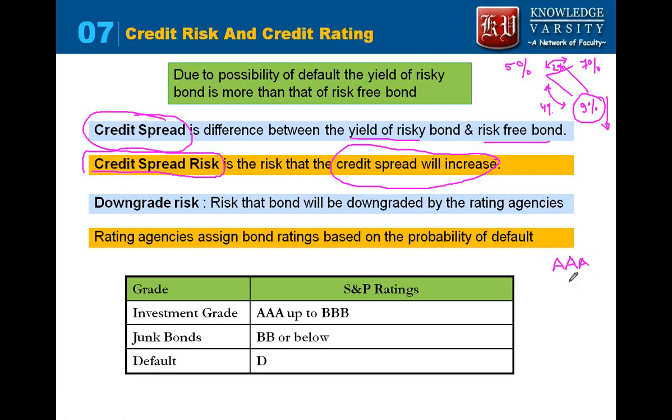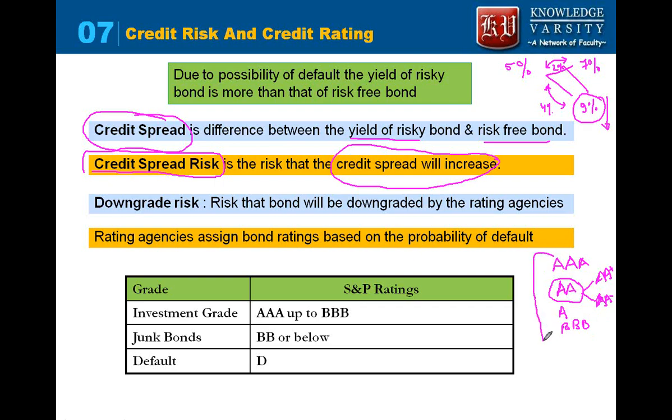Now you will find the S&P ratings like this: triple A, double A, triple B, like this. And within double A they also specify double A plus or double A minus.